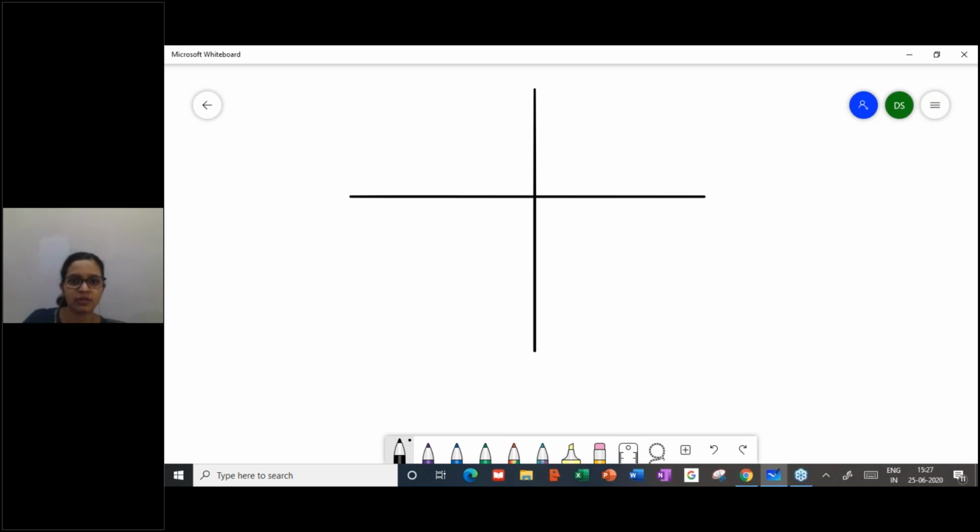It became more like a cross. So this is the y-axis, this is the x-axis.